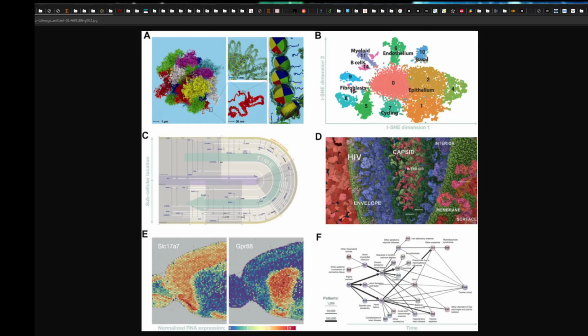DOI 10.1038/s41576-019-0112-9. PubMed Abstract, Crossref Full Text, Google Scholar. Callaway, E., 2016. The visualizations transforming biology. Nature 535, 187-188. DOI 10.1038/535187a. PubMed Abstract, Crossref Full Text, Google Scholar.